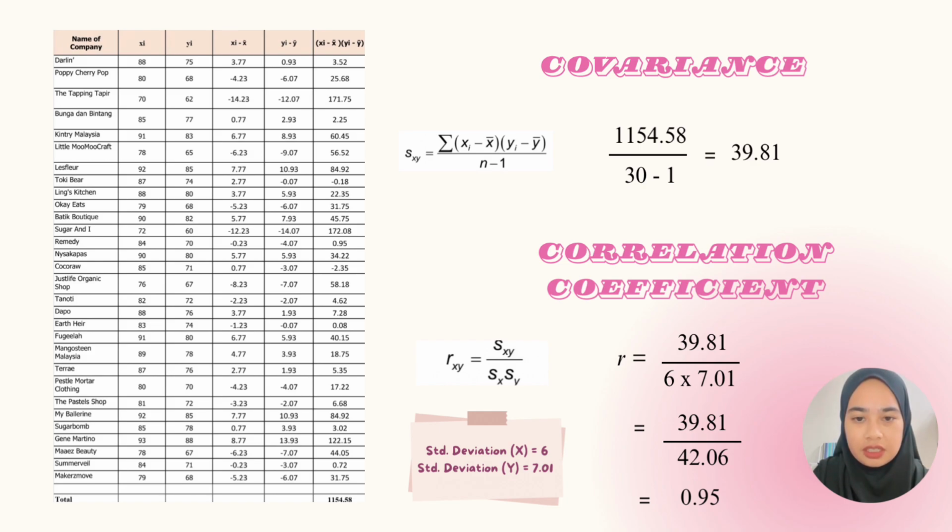If they increase or decrease at the same time, the covariance will be positive. The total 1154.58 divided by 30 minus 1, so we get 39.81 for covariance.